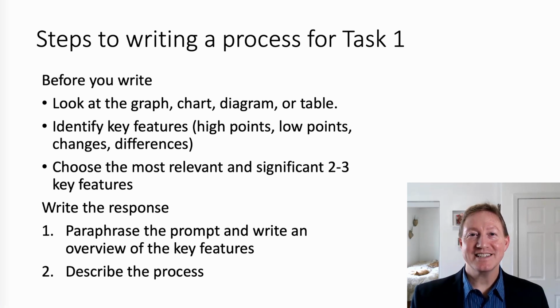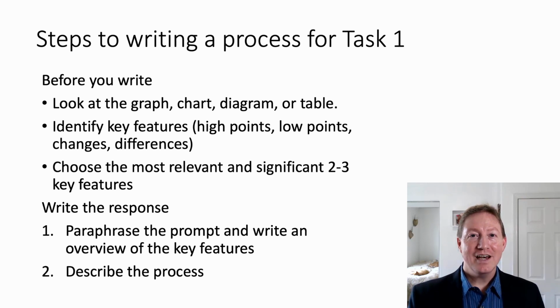Look for places that are different or similar, and look for the patterns, because you need to identify the key features for this visual. Then you want to choose the most relevant and significant key features. In most cases, 2 is enough, and you can make a short essay about the key features with 2 of them.